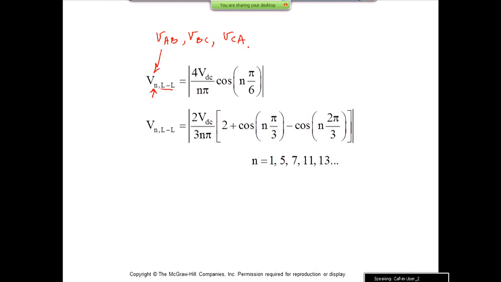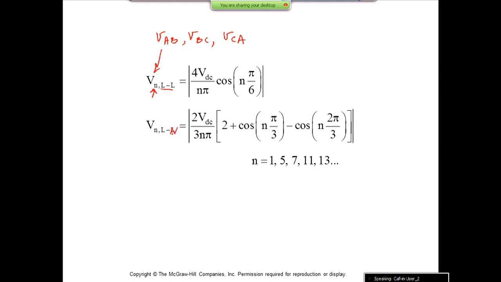Okay, these two waveforms, hold on, this second one should be V line to neutral, I guess. Let me check. Yeah, there's a mistake over here. This should be line to neutral.